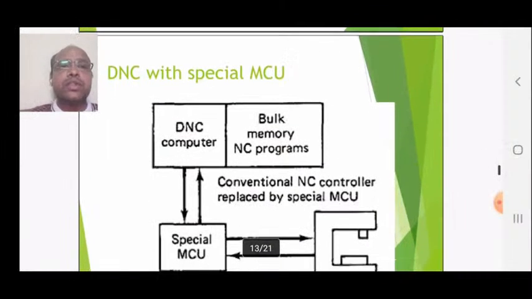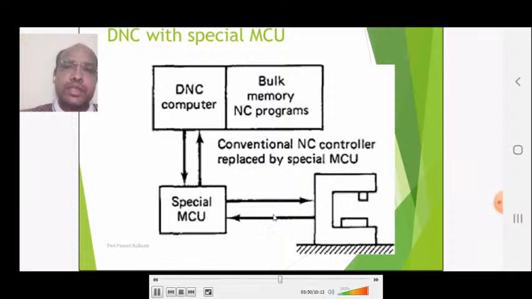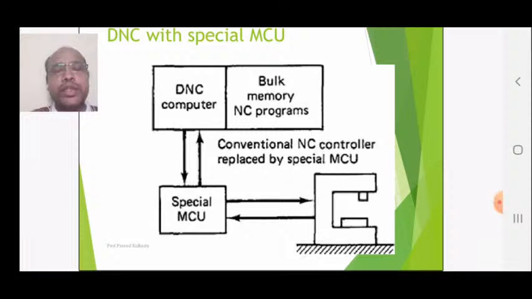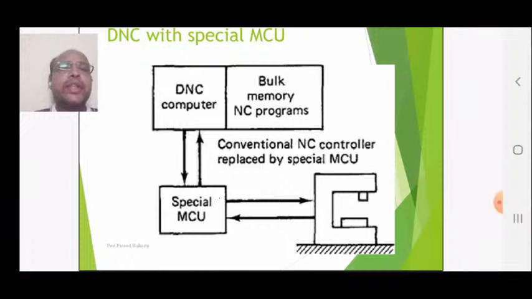Here the special machine control unit is used for taking feedback from machine tools to increase the accuracy of execution of part programs with each machine tool. Here special MCU monitors each machine tool separately. So there are a lot of functions incorporated in the special machine control unit system.